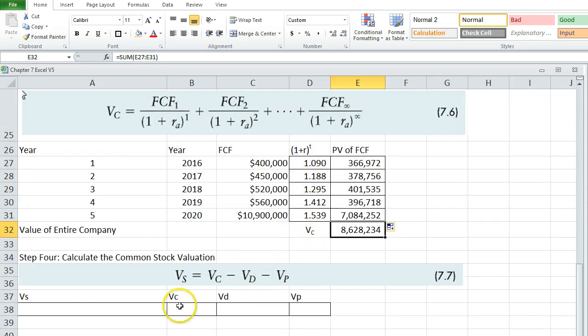Okay, now moving on to step 4, we want to calculate V sub S. So what we need to do is bring in our V sub C. Here's the formula right here.